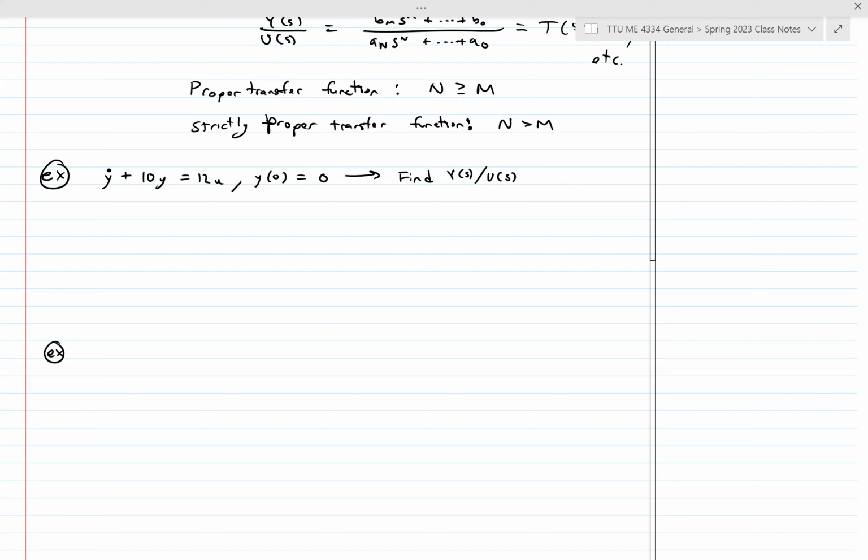If you're really fast, you can also find a transfer function for the next case.